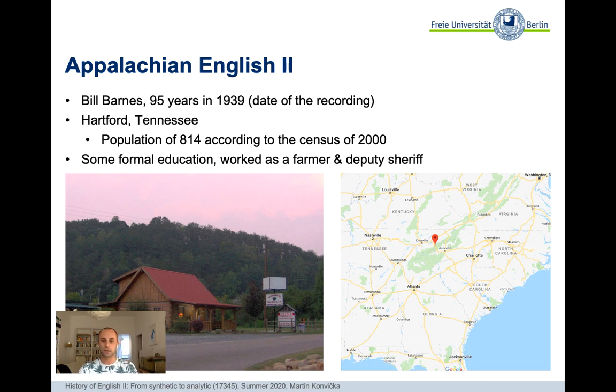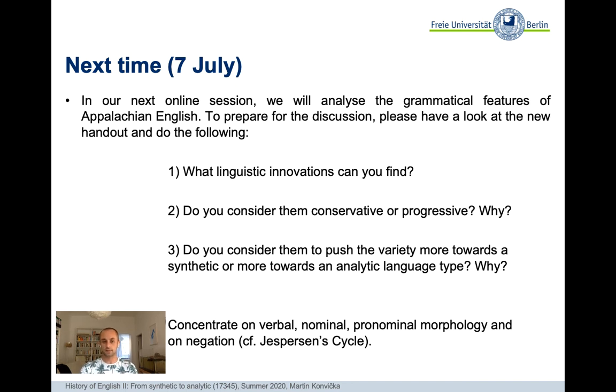So your task for the next online session is to have a look at the handout, and on that handout is a transcription of Bill Barnes and his English. Your task is to have a look at that at home and try to find linguistic innovations or simply grammatical peculiarities in the text. So what makes this variety special?